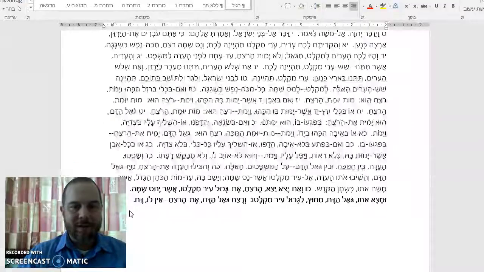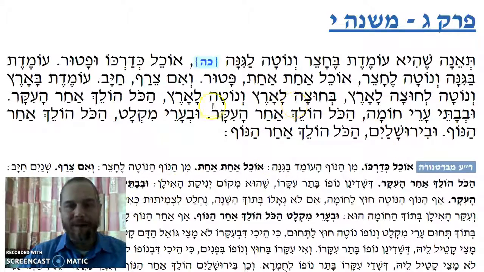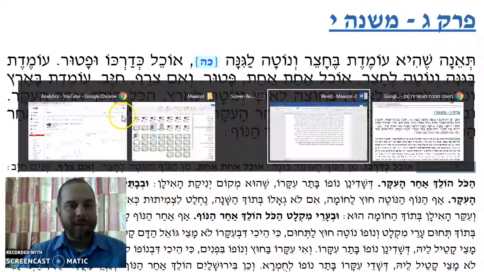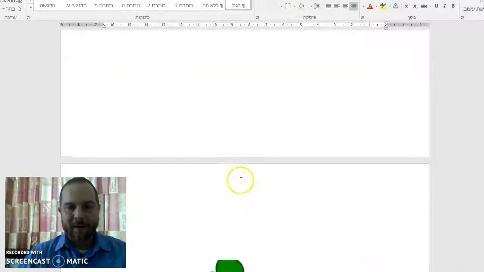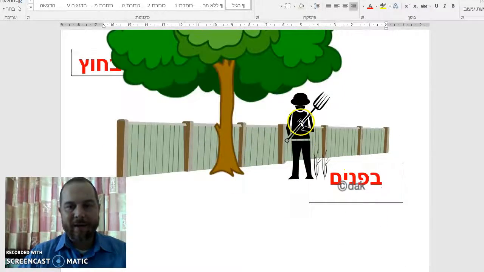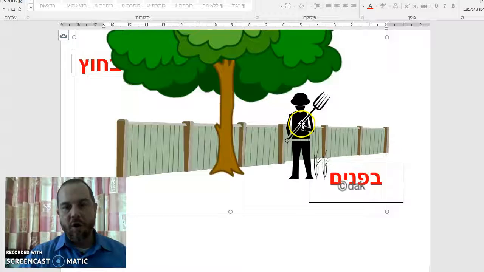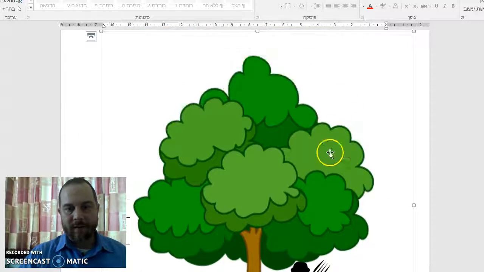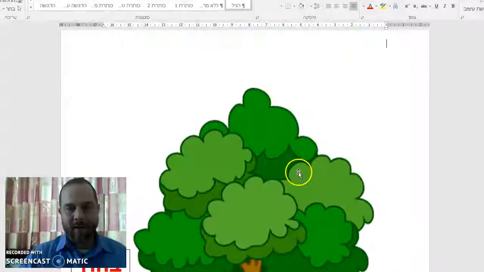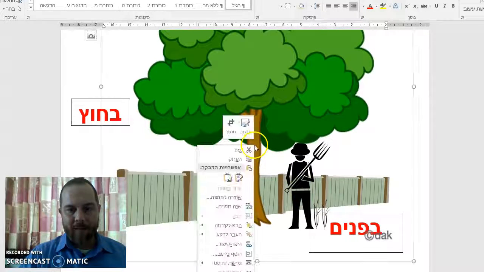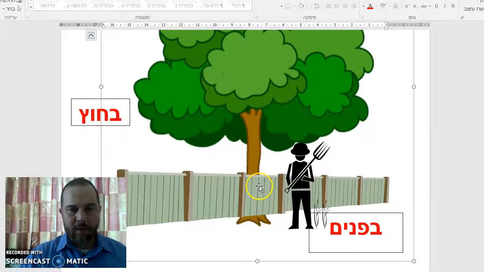So here's the question. Let's say in arei miklat. So let's go back to our picture of our arei miklat. Here's inside, here's outside. So this guy's clearly on the inside, no problem. But let's say on the opposite. Let's move the tree.